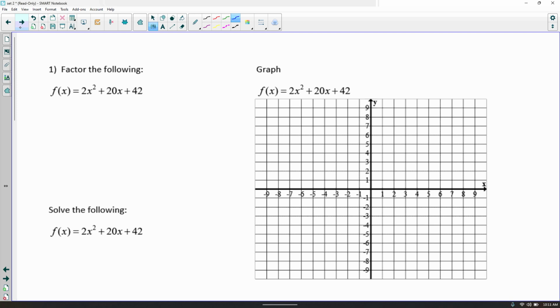Ellie, what do you notice about all those numbers? Yeah, we could yank a 2 out, making it x squared plus 10x plus 21. I'll give you a second to catch up. Now factor it. Go ahead and factor it, guys.